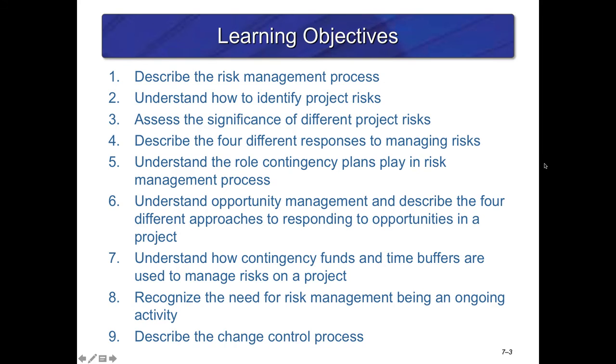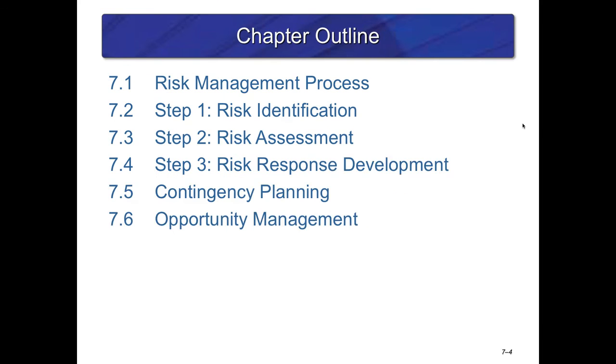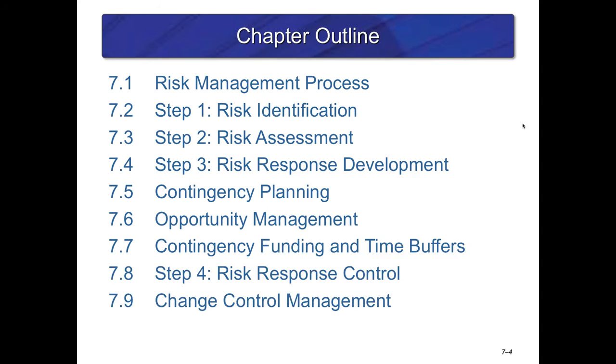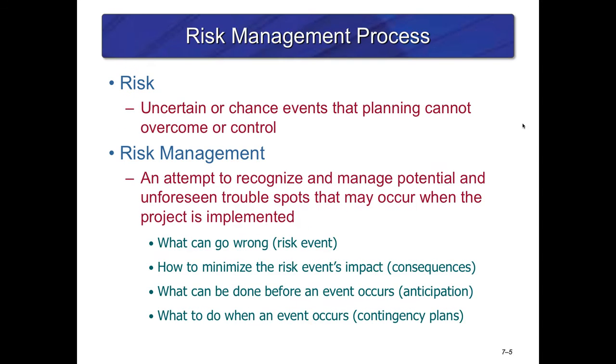You can take a look at those at your leisure. The one thing I want to change here is number 4, where it says the 4 responses to risk management. There are now 5, and we'll go over that in just a moment, okay? Here is the outline for what we're going to do and how we're going to do it. So let's talk about the risk management process.